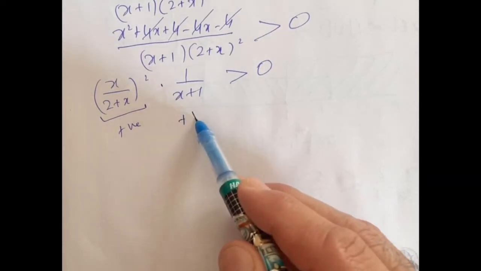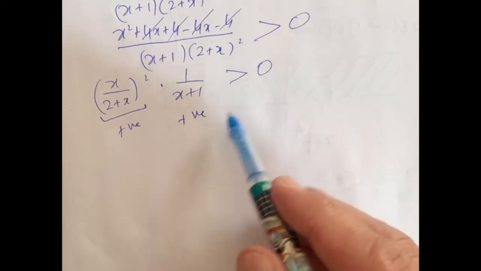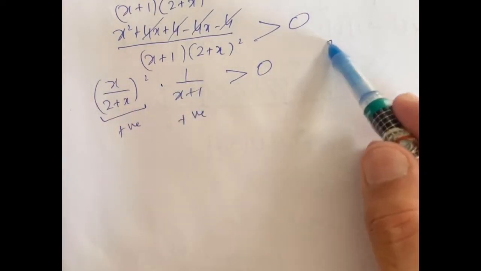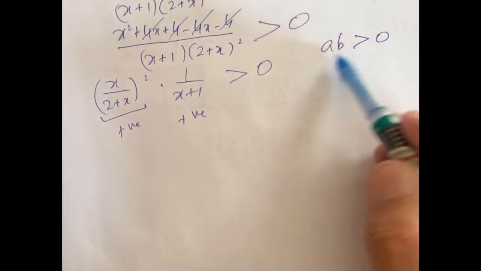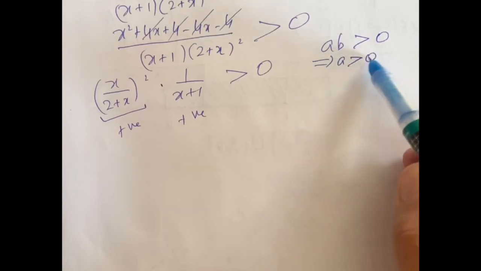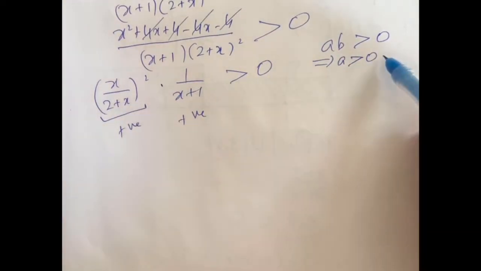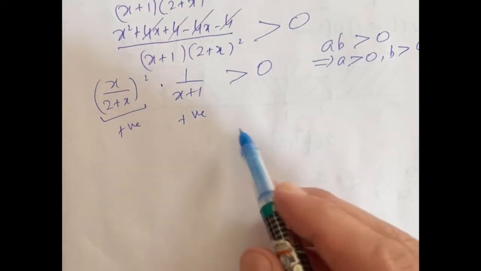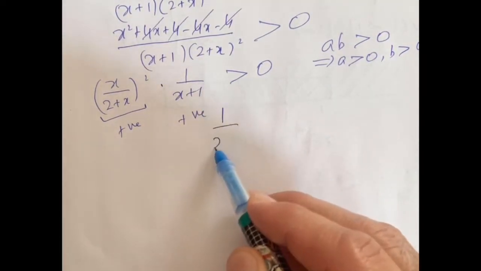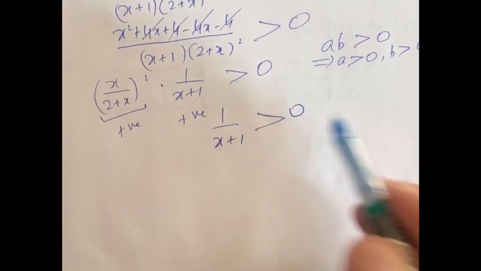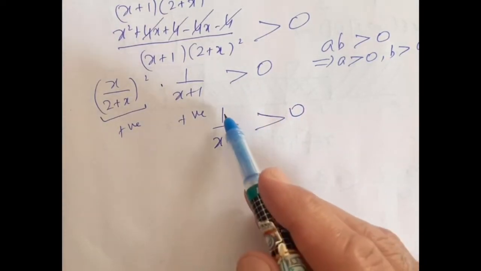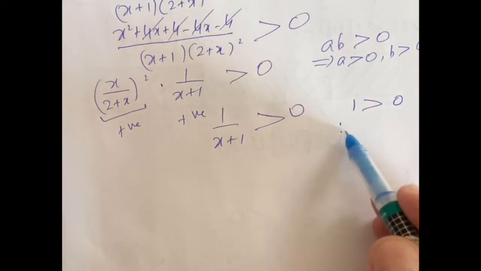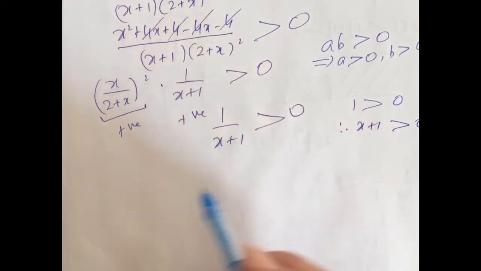It's like a into b positive, a into b positive. This means if a is positive, like here a is positive, this means b is also positive. So 1 upon x plus 1 is positive, and 1 is positive, therefore x plus 1 is always positive.